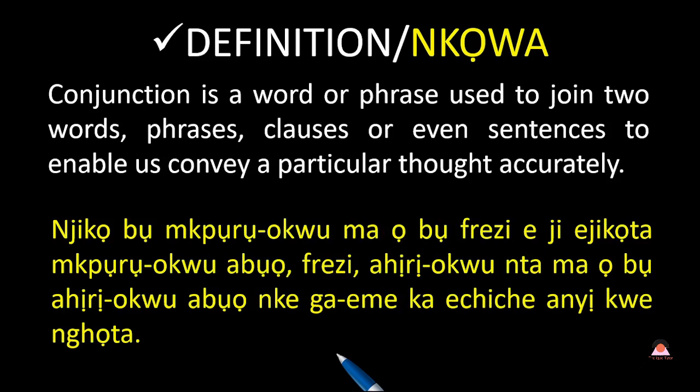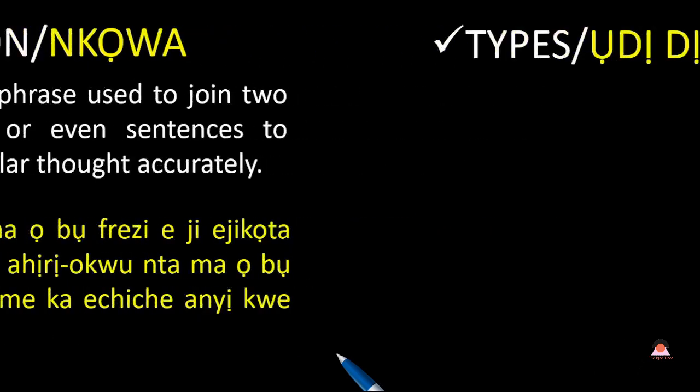Njiko, of course you know njiko by now, is conjunction. Njiko bụ mkpụrụ okwu ma ọ bụ phrase eji ejikọta mkpụrụ okwu abụọ, phrase, ahịrịokwu nta ma ọ bụ ahịrịokwu abụọ nke ga-eme ka echiche anyị kwee nghọta. That is the Igbo version of the description or definition rather. So we move on from here.